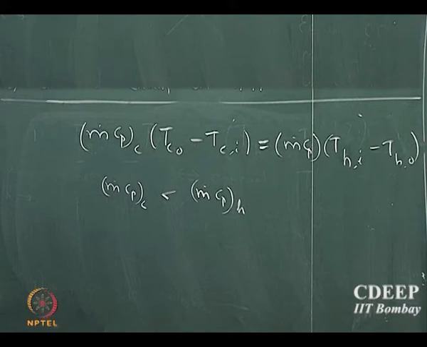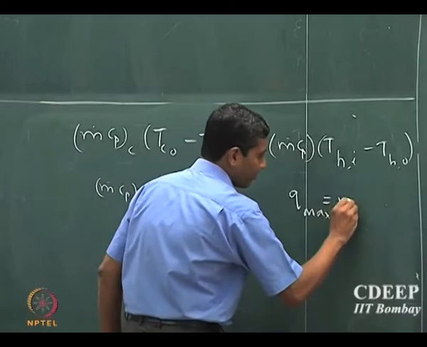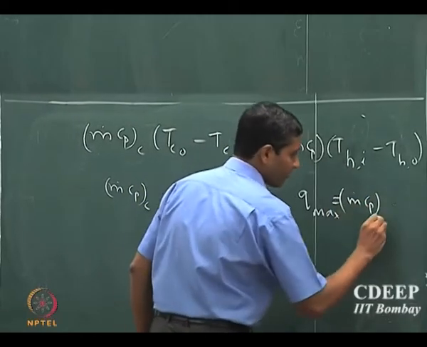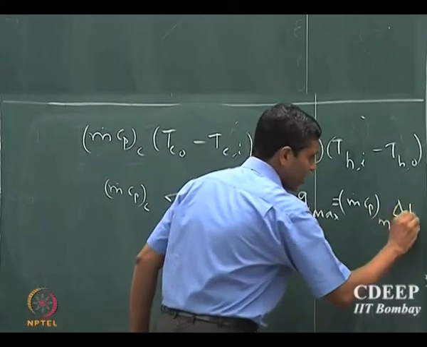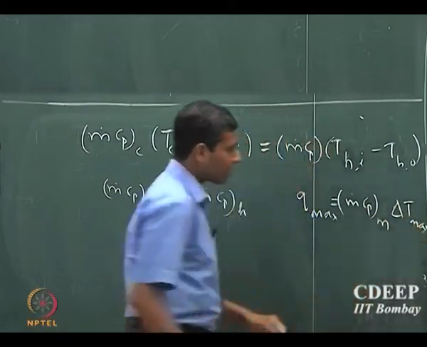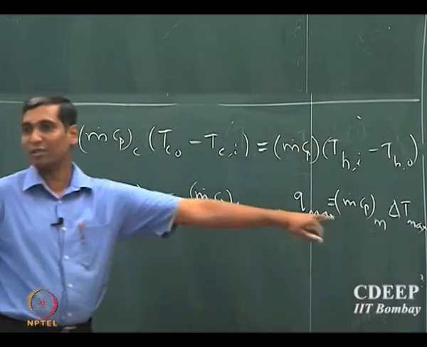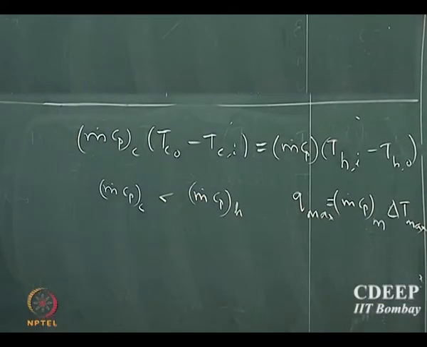Only that stream's m dot Cp is what you have to use. So Q max is m dot Cp of that stream, I call it m, times delta T max.